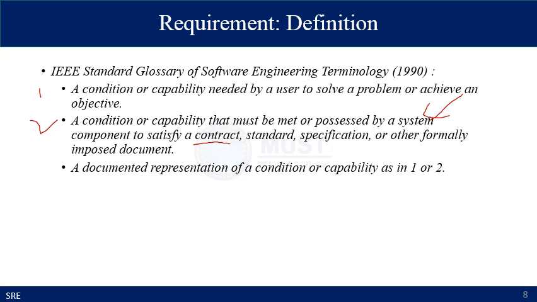One is developing the application and the other is the consumer of the application. It must satisfy a contract or a standard specified by a third party or a regulatory body, specification, or other formally imposed document. And the requirement must be documented, and a documented representation of a condition or capability as described in point 1 or 2.